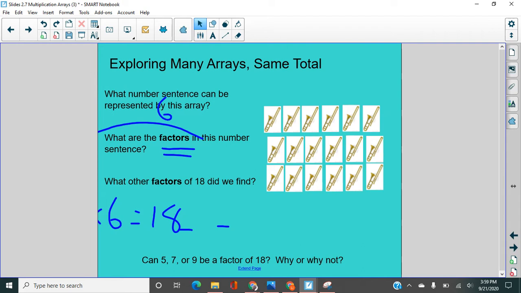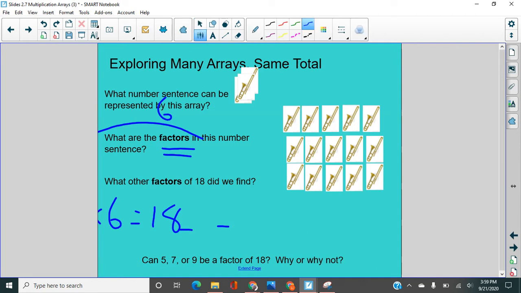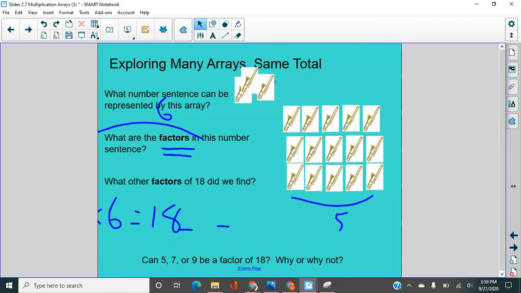So I know if I want to have 5, let me take some of these away for a minute. So now I have 5 along the bottom, right? I have 5 down here. But I have to use these. So I'm going to put those here, here, and here. That's not an array. What's wrong with that?